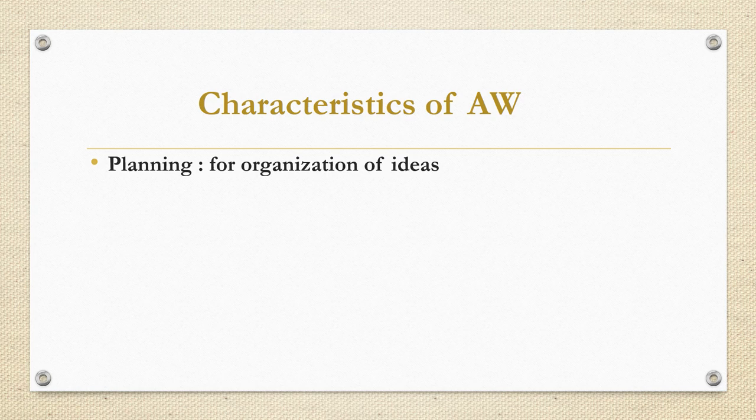It gives organization of ideas, and after that a proper outline is a must for academic writing. An outline will not only help you formulate your thoughts, but it will sometimes make you aware of certain relationships between topics. It's a kind of a mind map for the topic that you are writing.